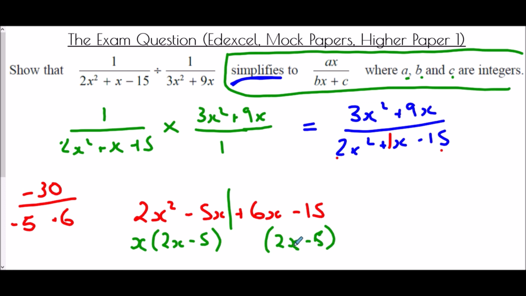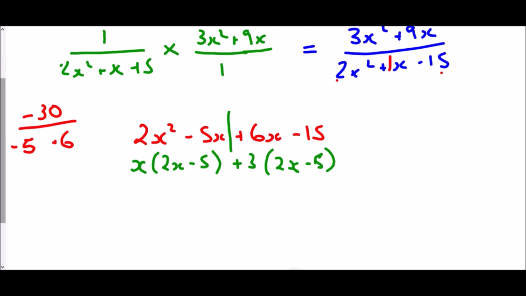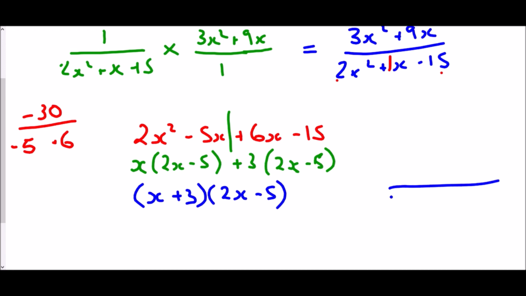And so what do I multiply 2x by to make plus 6x? Well, that is plus 3. Bring them back together. I get x plus 3, brackets 2x, take away 5. And that is going to be the bottom of my fraction.